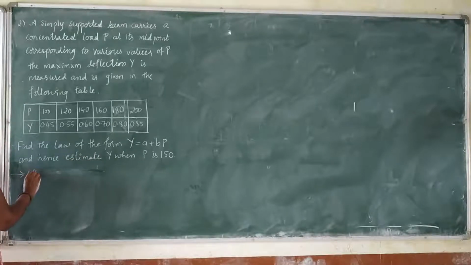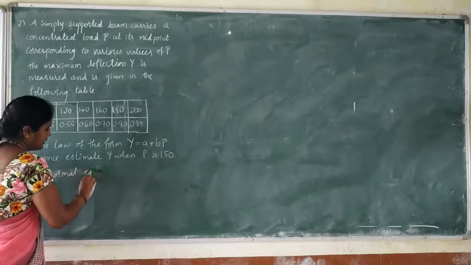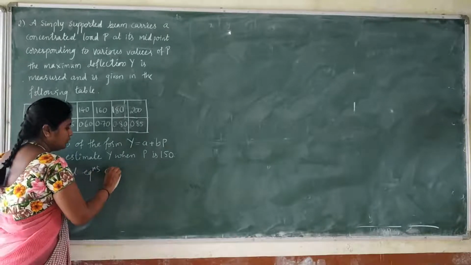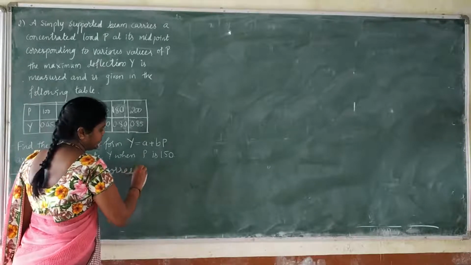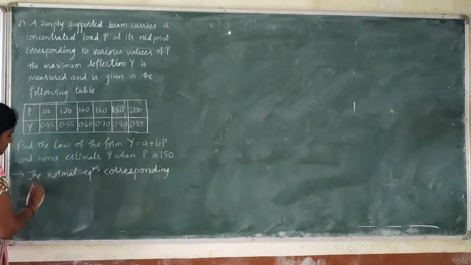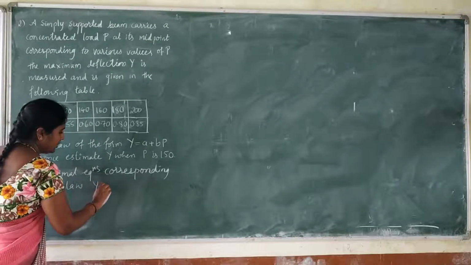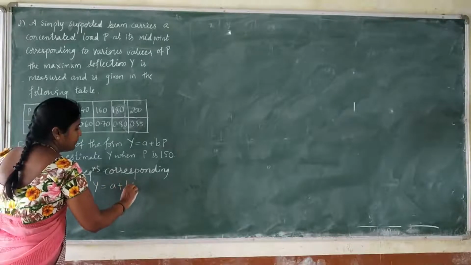The normal equations corresponding to the law: here the given law is Y = a + bP.